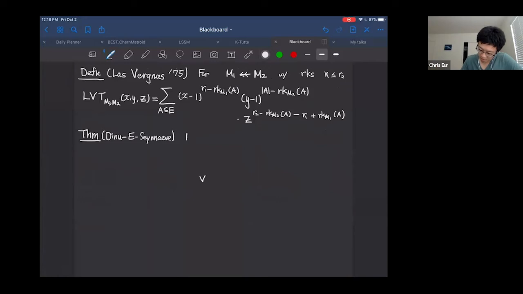Say I have matroids M1, a matroid associated to a linear subspace V1, that forms a matroid quotient with M2, associated to a linear space called V2. In other words, I have an inclusion of two vector spaces. Let me denote this by V dot. So I have a point in the flag variety.